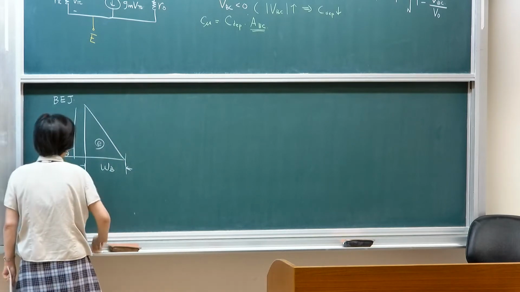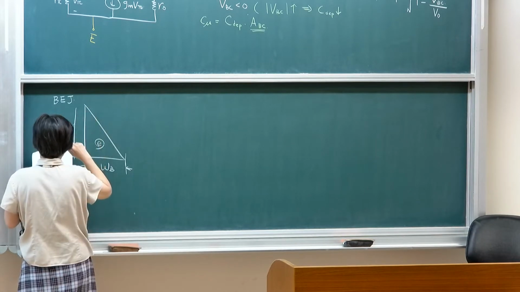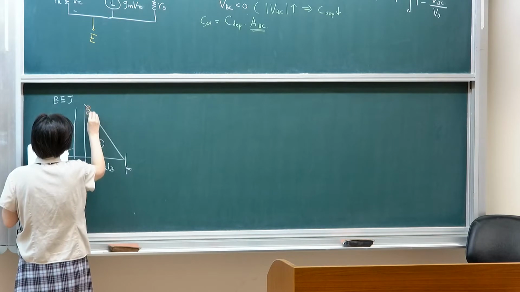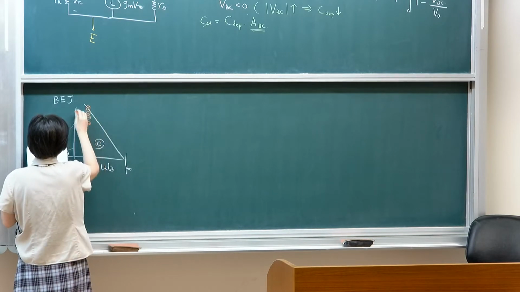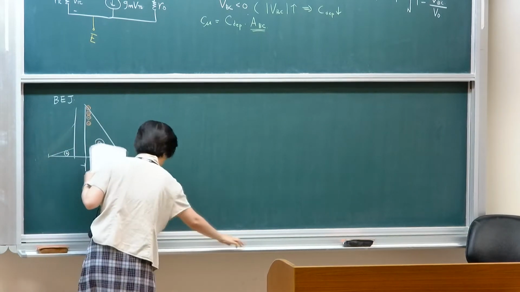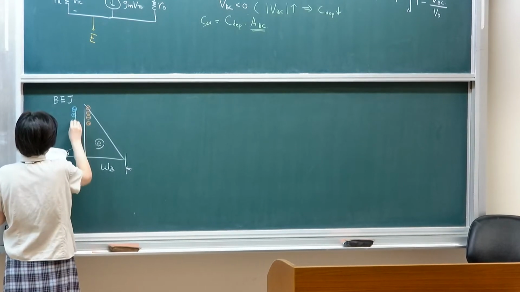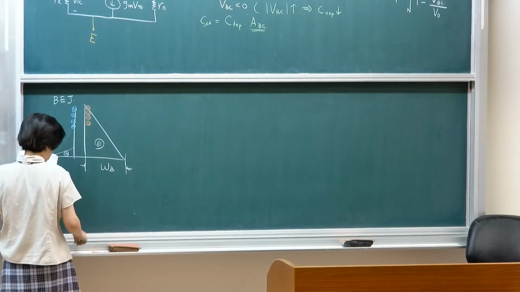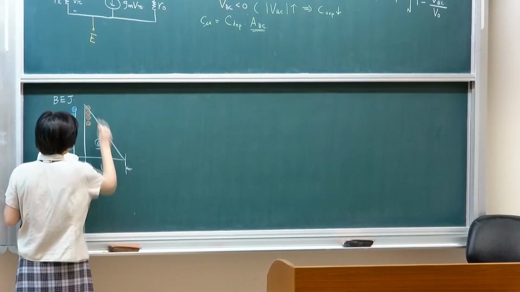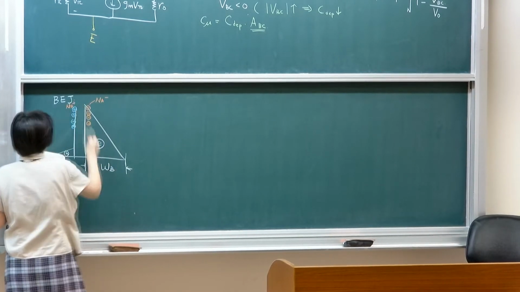If you look at the BE junction, it's actually constructed of two types of capacitance. You have depletion charge right at the junction. So this will be Na negative, this will be Nd plus.